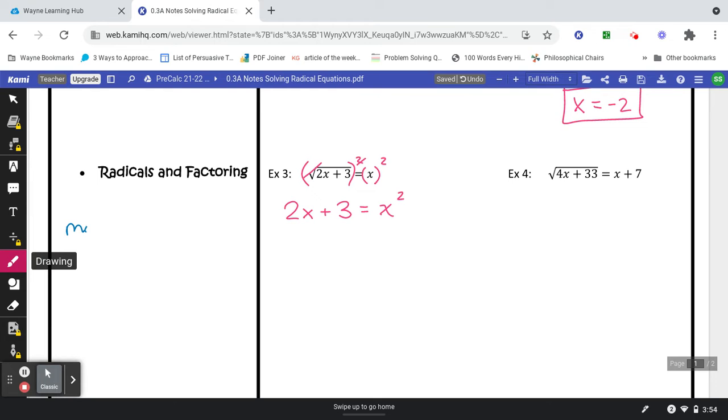We want to move everything to the x squared side. That's going to make sure that our x squared stays positive, which is what we want. So I'll subtract 2x, and I'll subtract 3 in the same step.